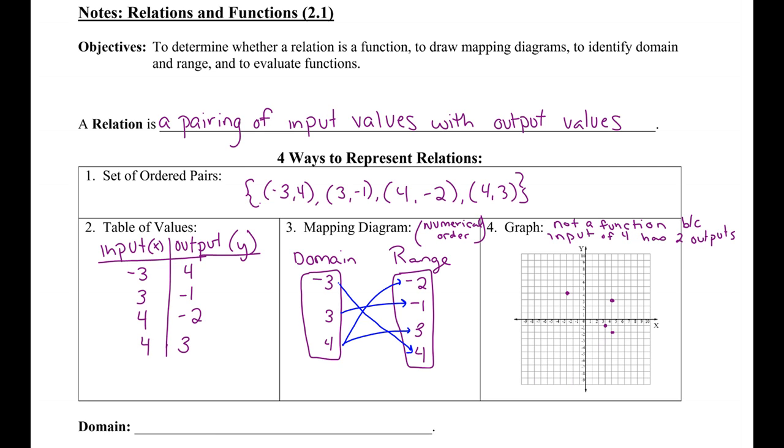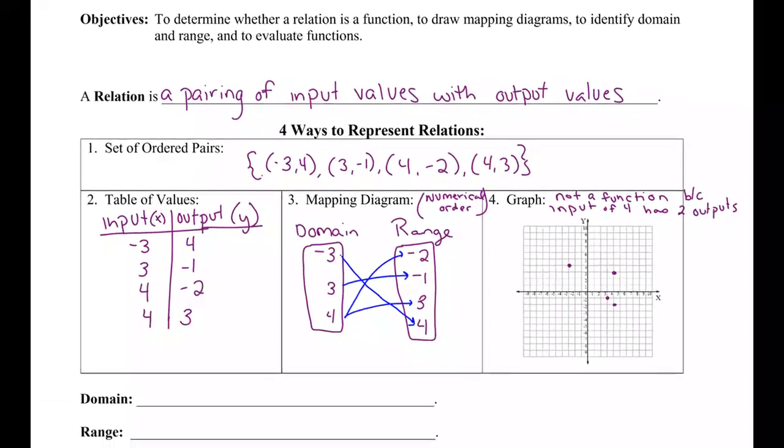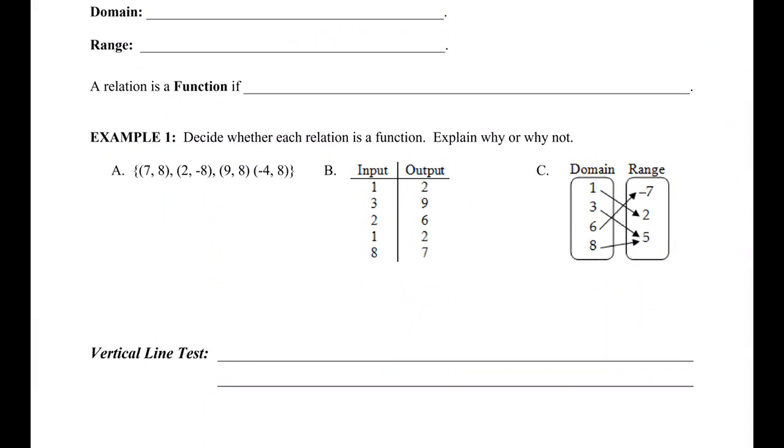Let's go down and look at the definition of domain and range. The definition of the domain is going to be your input values, or your x or independent variable, so for our example from above, your domain would be -3, 3, and 4.